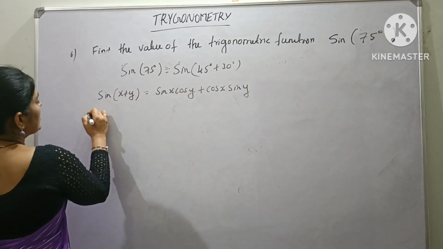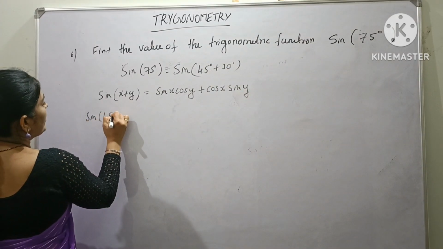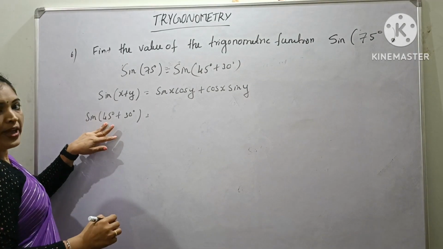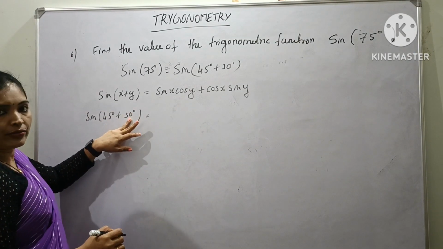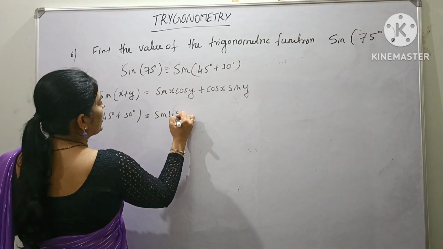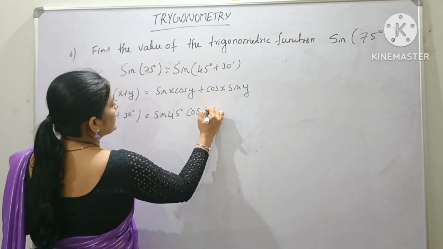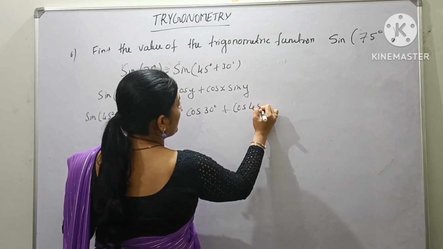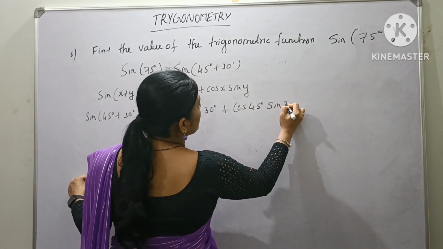Therefore sine of 45 degree plus 30 degrees equals, in place of x 45 degree, in place of y 30 degree, sine 45 degree cos 30 plus cos 45 degree sine 30 degree.